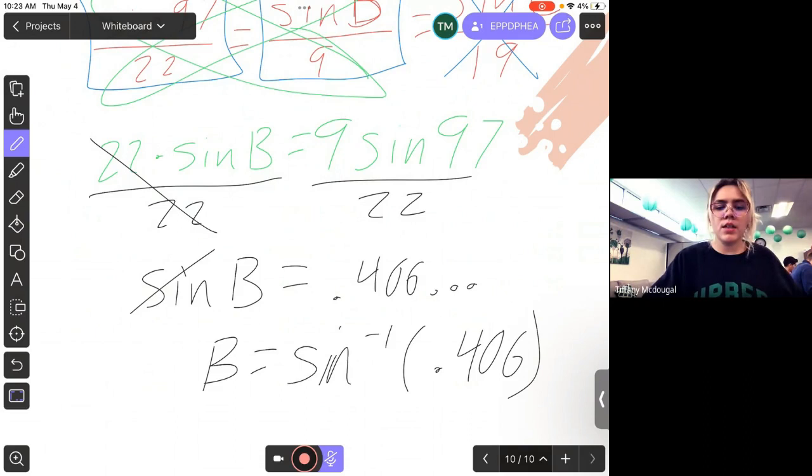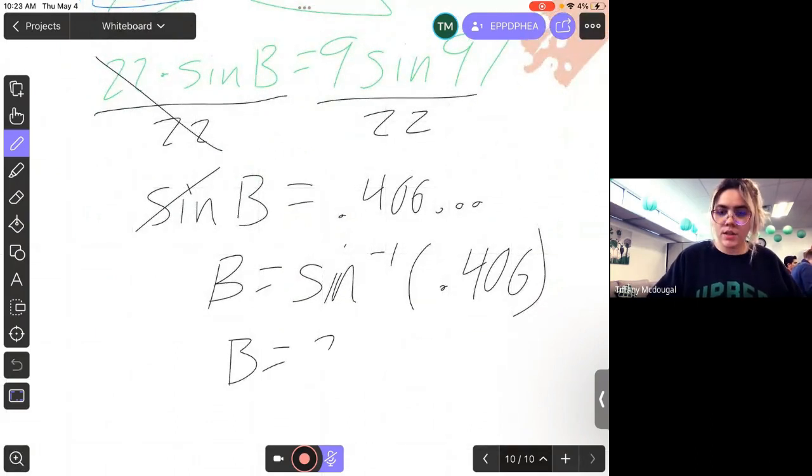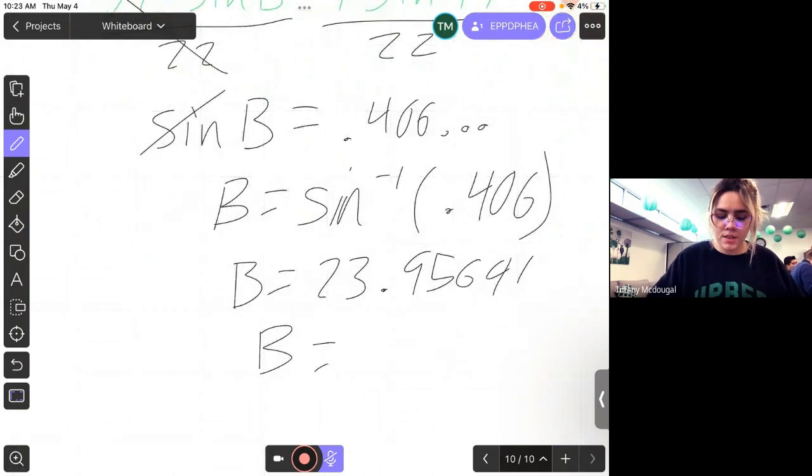So let me inverse sine 0.406, typing in the whole decimal. I know it's annoying. We definitely don't want to round too early. And it looks like I get B is equal to 23.95641. So if I'm rounding that to 3 sig figs, B is equal to 24.0 degrees.